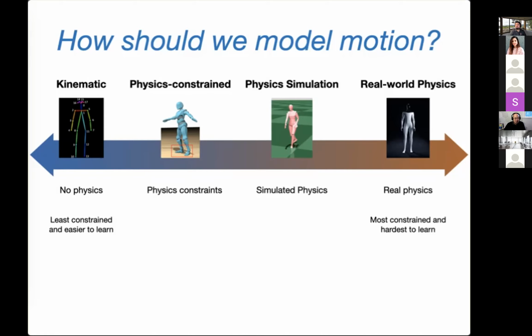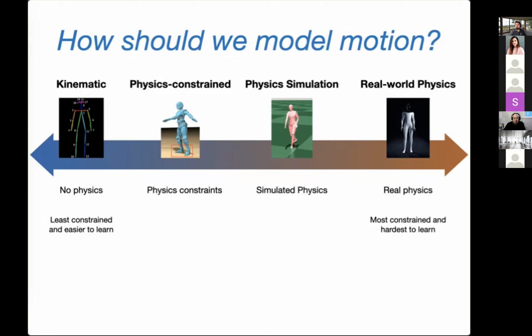It's still challenging, but relatively easier to learn. The next thing we could do is introduce some physics into the kinematic model. We don't want the estimates to have arms bending backwards beyond normal limits or feet sliding on the ground. So you might add some physics constraints to your kinematic model. That's probably where we are right now in computer vision.